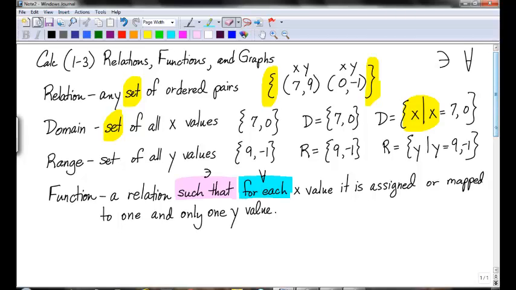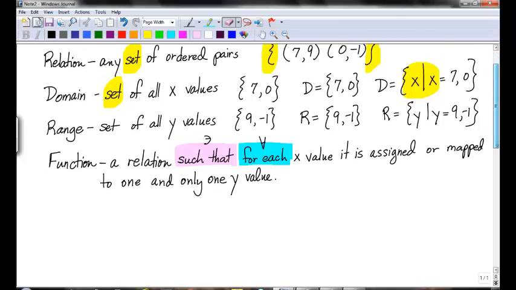What's the special test that we use graphically to tell? Yeah, the vertical line test. If a vertical line intersects the graph in more than one point, then it's not a function. Remember that? Okay, so just a reminder, the vertical line test. Some of this you probably remember, but it's good to refresh the memory.